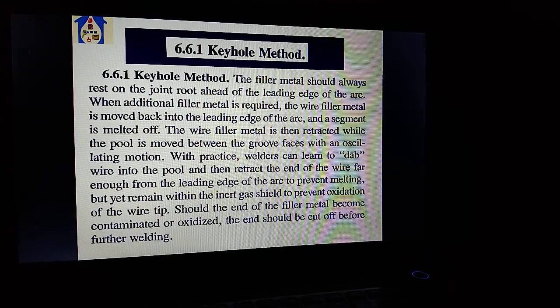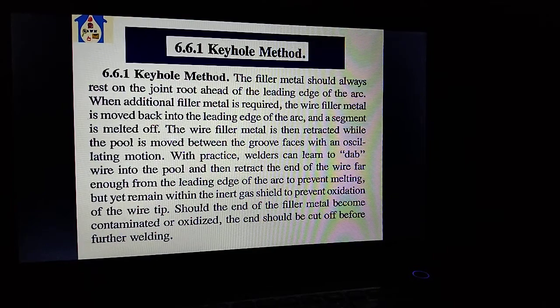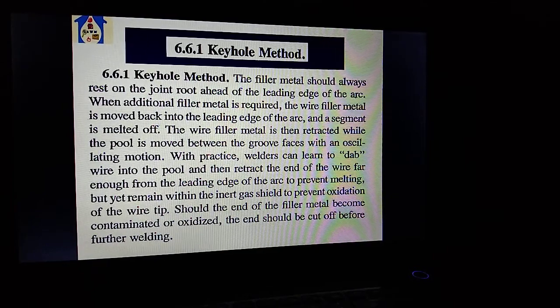The wire is then retracted while the pool is moved forward in a slight oscillation motion.